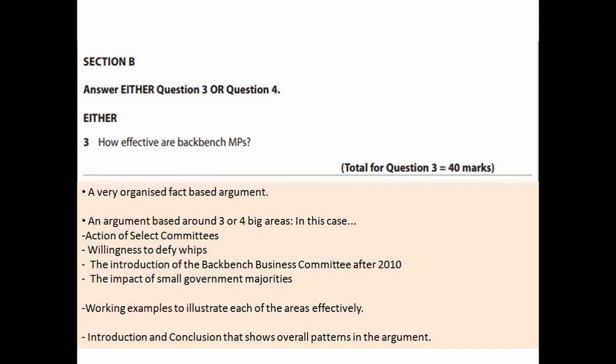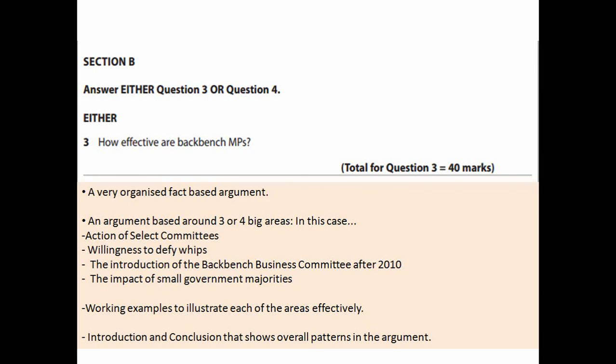Okay, so let's break it down in terms of the structure. What does he have? He has a very organized, fact-based argument, an argument based around 3 or 4 big areas. In this case, action of select committees, willingness to defy the government whips, the introduction of the backbench business committee after 2010, and the impact of small government majorities.